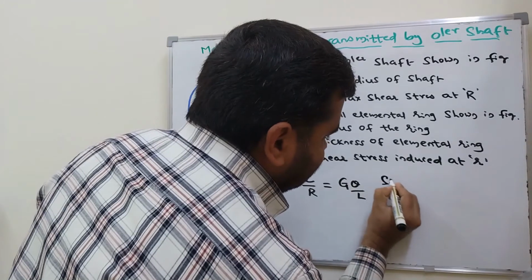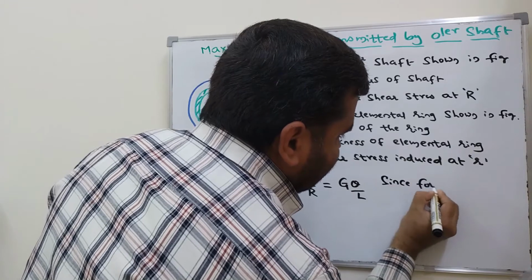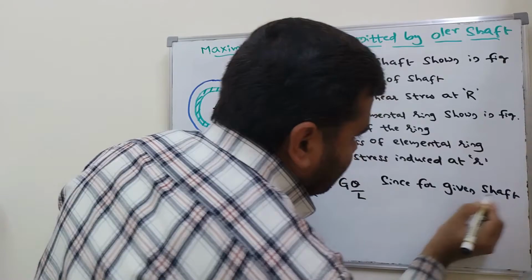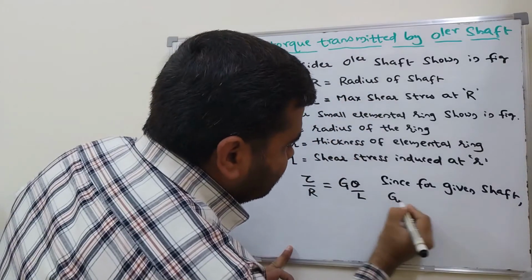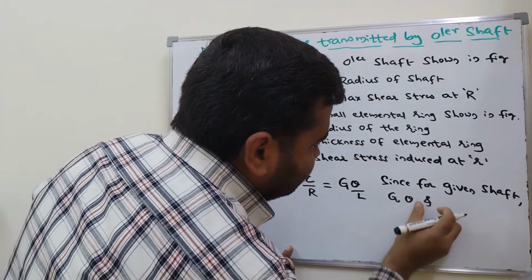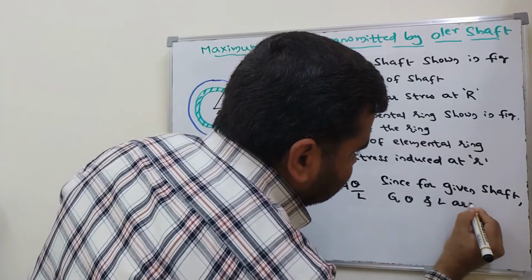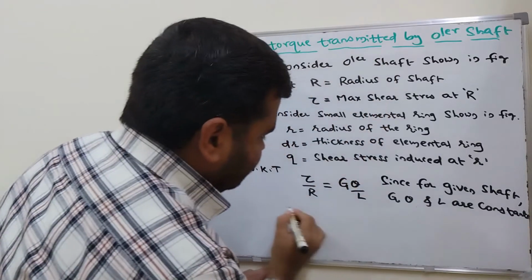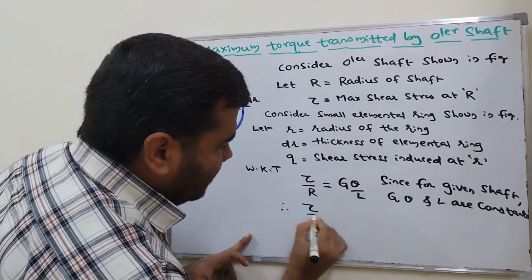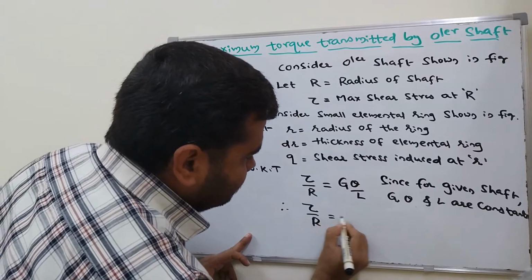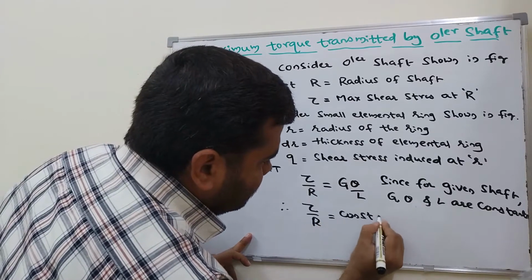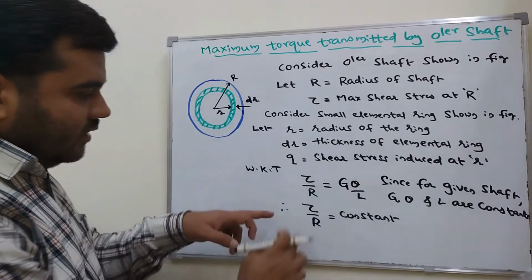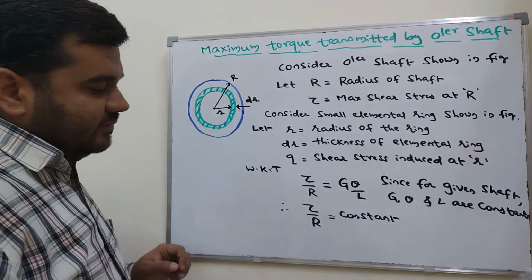Since for a given shaft, G, theta and L are constants, therefore tau by R equals a constant. So this tau by R is constant.